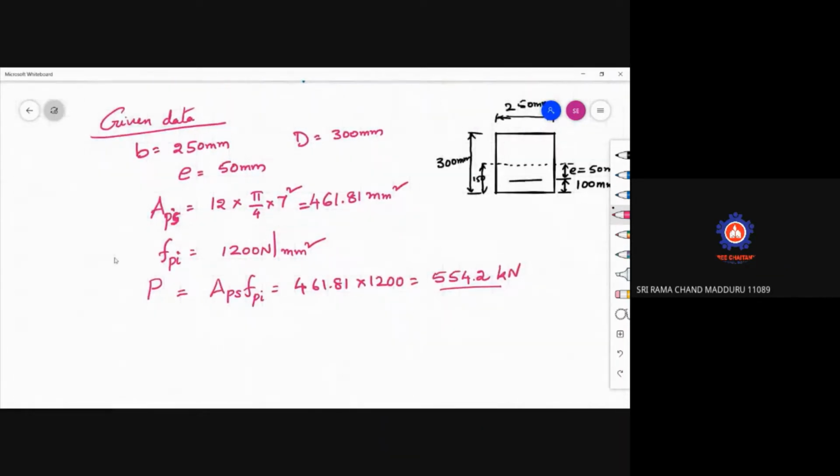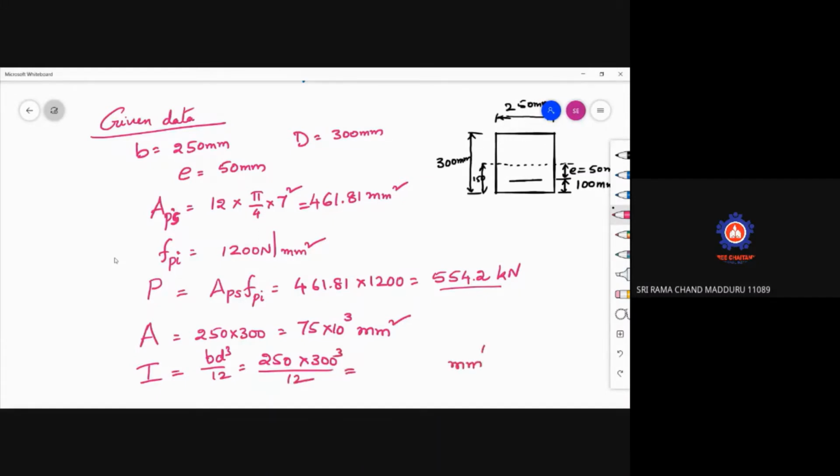We can also calculate the area of cross section, that is B into D, 250 into 300, which is 75 into 10 cube mm square, as well as moment of inertia, BD cube by 12, 250 into 300 cube by 12 mm power 4.